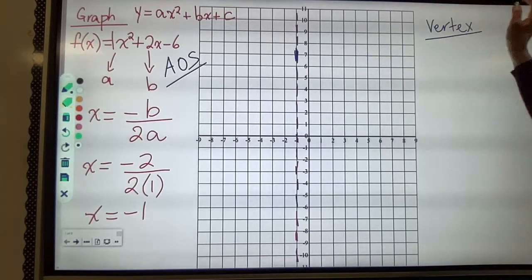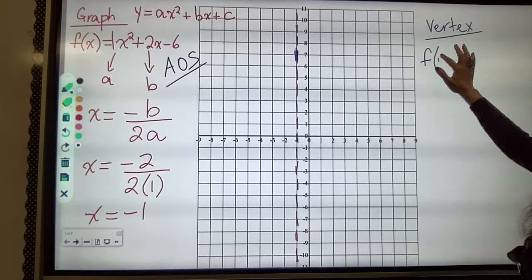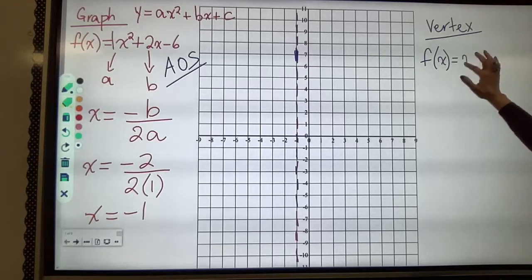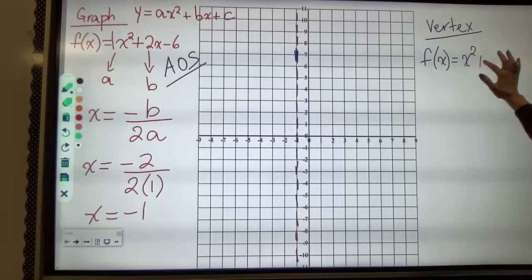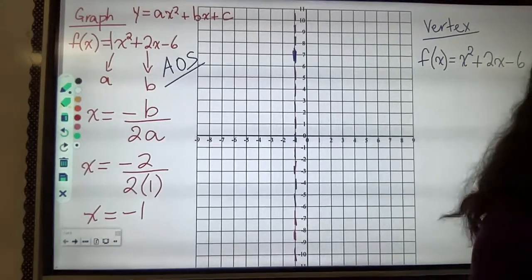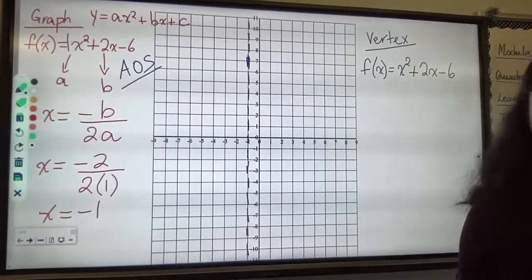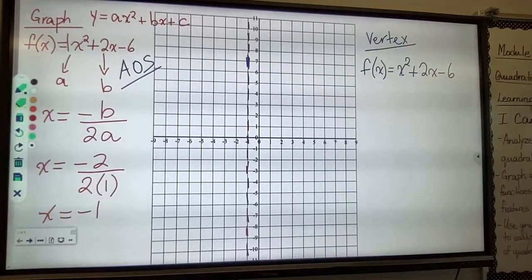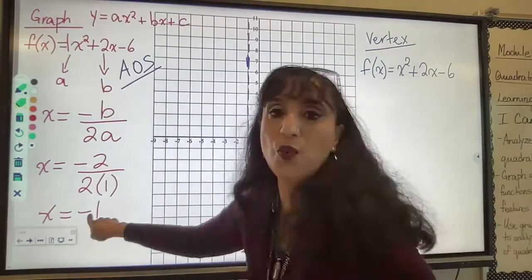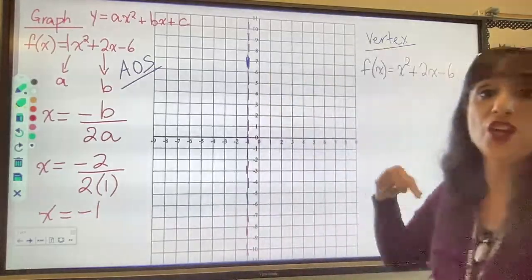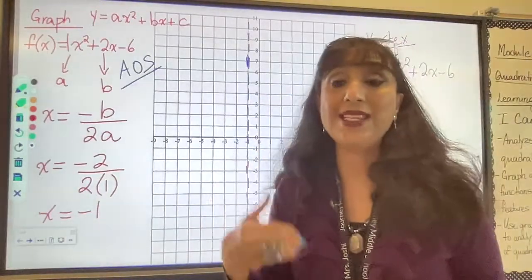And my original equation is f of x is equal to x squared plus 2x minus 6. Okay, so that is my original equation, and I already know that my x is -1. So I'm going to substitute this into that equation to find out what is my y.